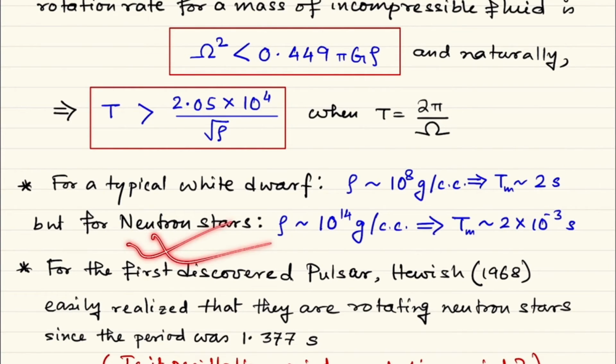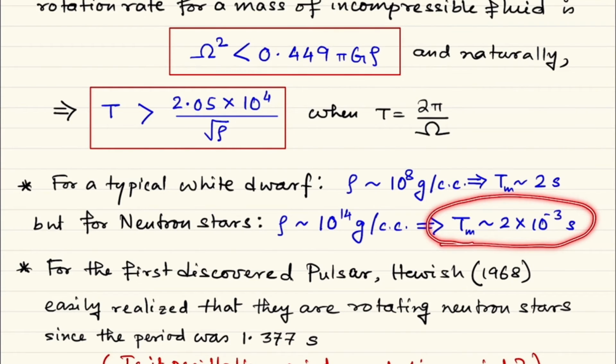But for neutron stars, where the density is much greater, 10 to the power 14, 6 orders greater, the minimum time period permissible is 2 into 10 to the power minus 3 second. That is the time period below which, if the star rotates, it will not sustain its structure because of the centrifugal force, which then largely dominates over the gravitational attraction force.